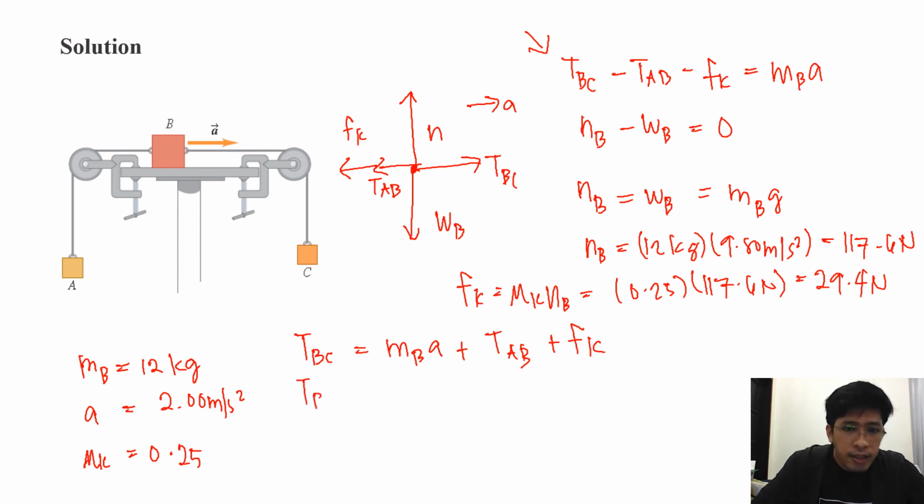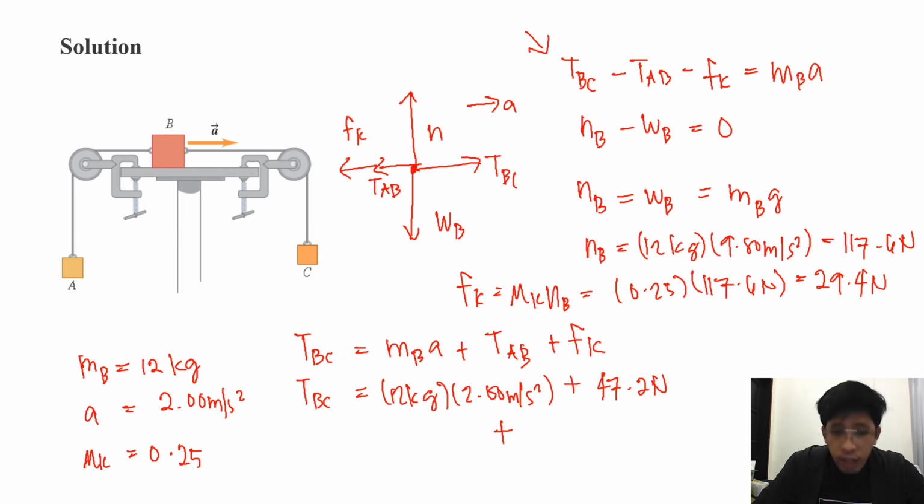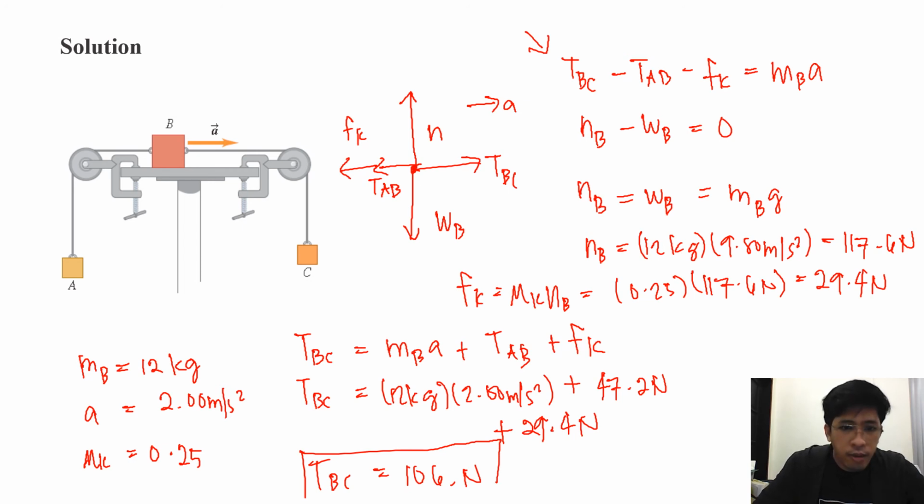So your T_BC is equal to your mass of B, 12 kilograms times 2 meters per second squared, plus T_AB, which is equal to 47.2 newtons, and then plus your F_K, which is equal to 29.4 newtons. So your T_BC is equal to 100.6 newtons.